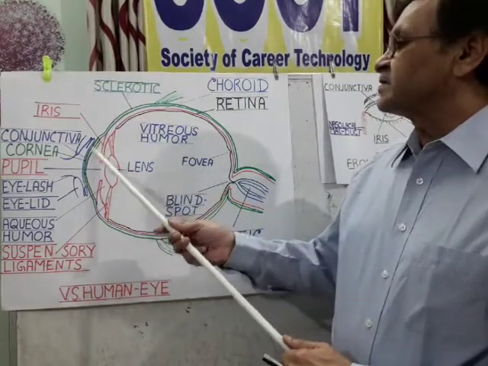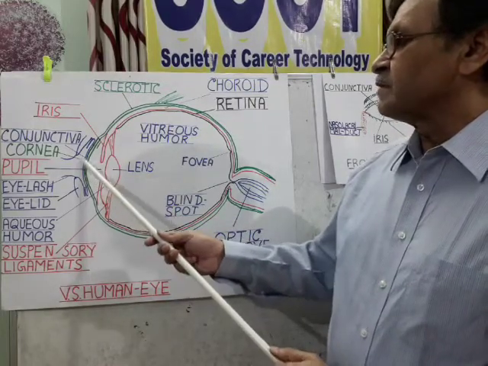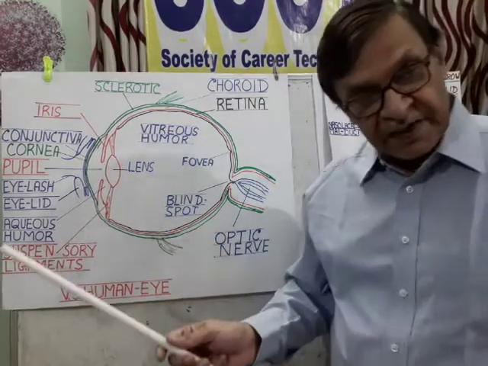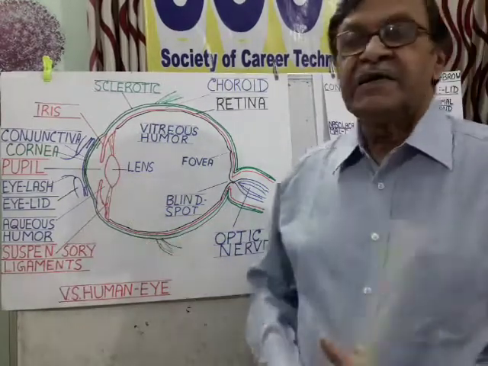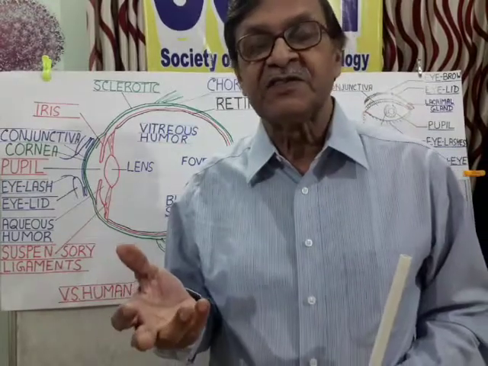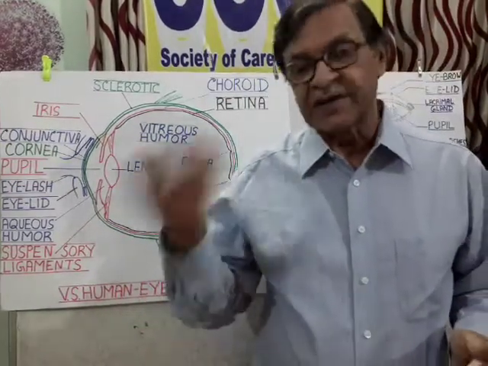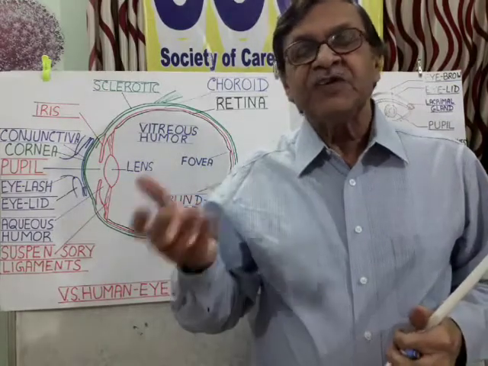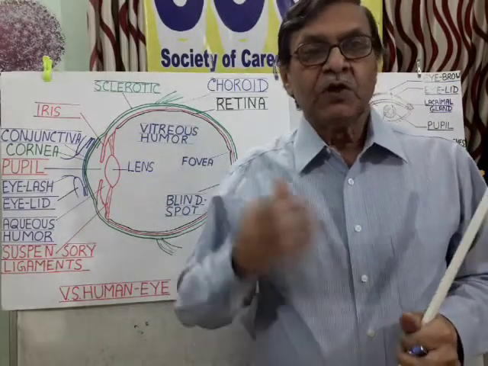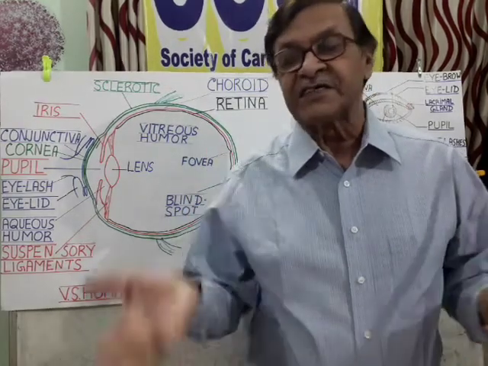A part of this sclerotic forms this cornea, which is transparent. And sometimes this cornea becomes opaque in some persons, either from the time of birth or later on. It may lead to blindness. For this, there is a facility of a corneal transplant.